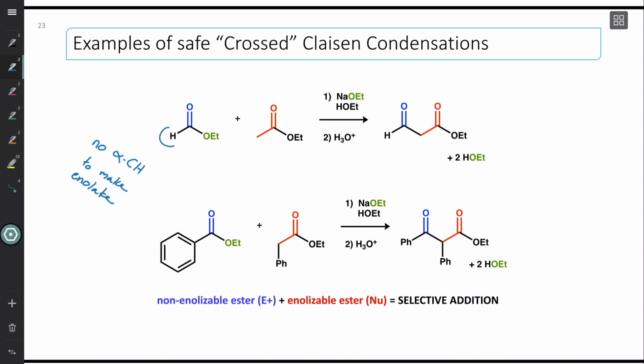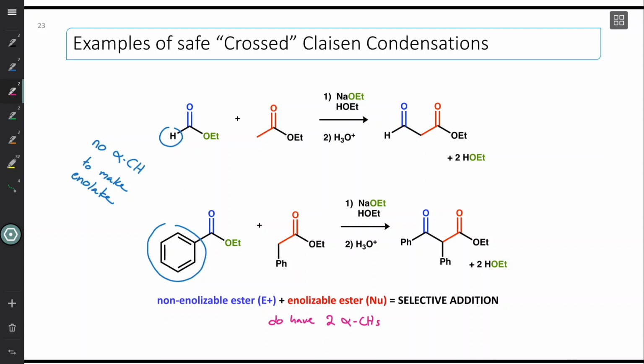So here it's just an aldehyde, that's not off the carbon, and here it's phenyl. There's no alpha CH. And then you mix this in with an enolizable nucleophile. So this one would be an ester that does have some protons. These do have the 2 alpha CHs.